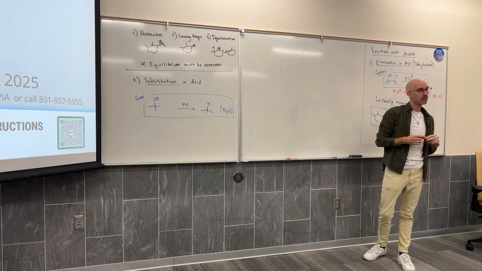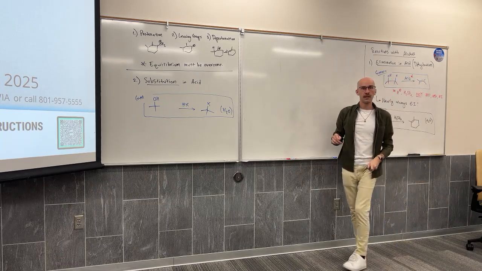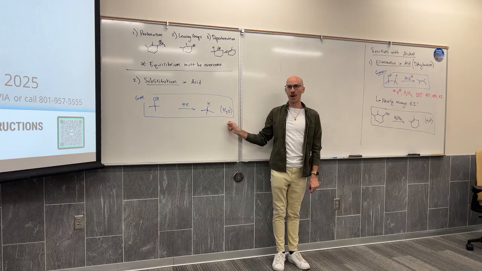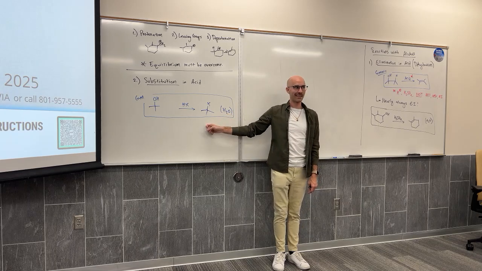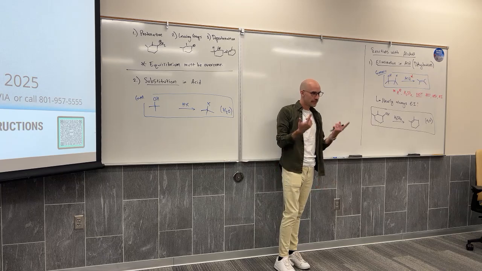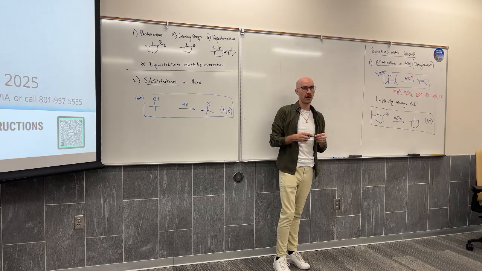There's a bit of an equilibrium issue here too, because we literally just saw that water can react with alkyl halides to give us alcohols. These reactions are reversible as well.